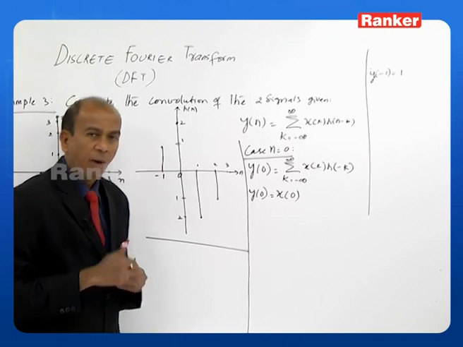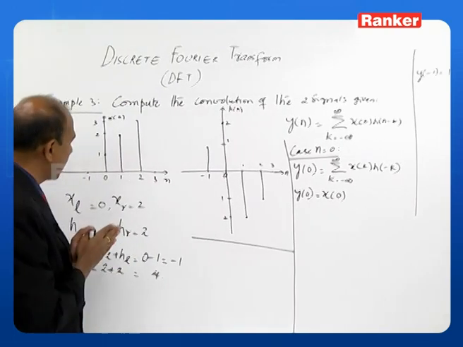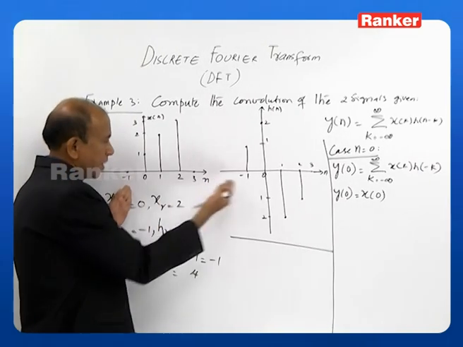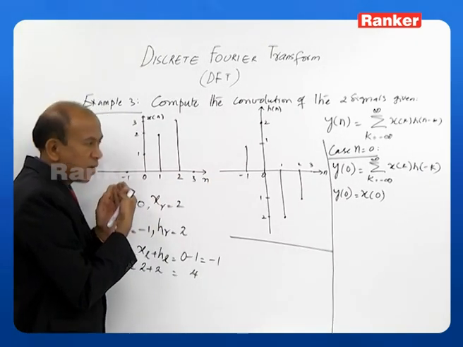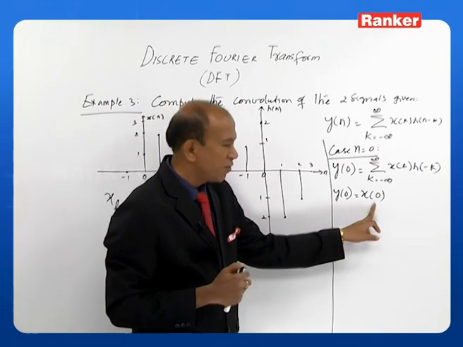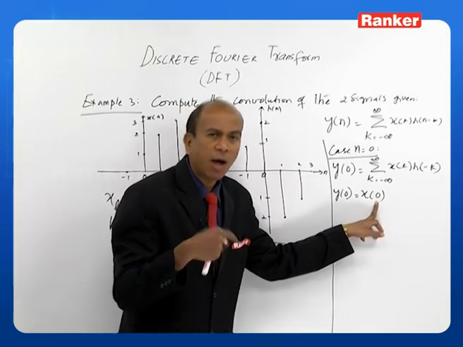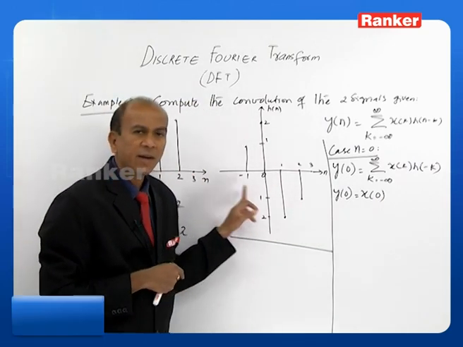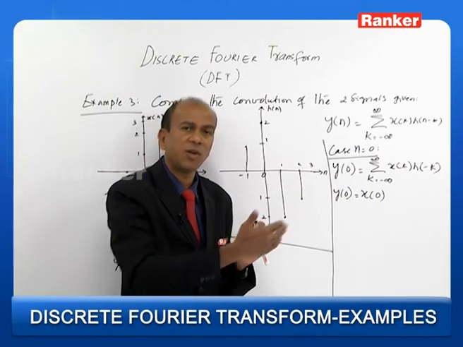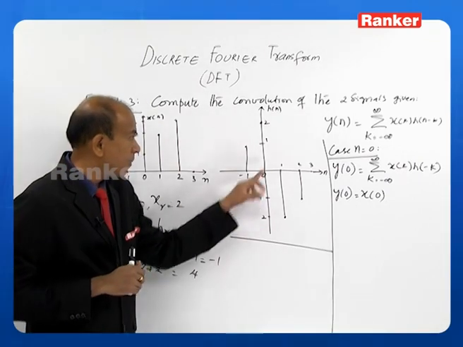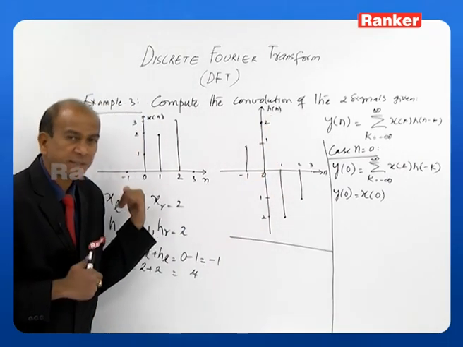You have to remember one point here. There seem to be some values existing even below this, isn't it? So, let us decide whether we should take it from minus 1 or from 0. There is no harm, because we are starting from minus 1, let us put minus 1 here first. But another point to remember is that h of minus 1 exists whereas x of minus 1 does not exist.